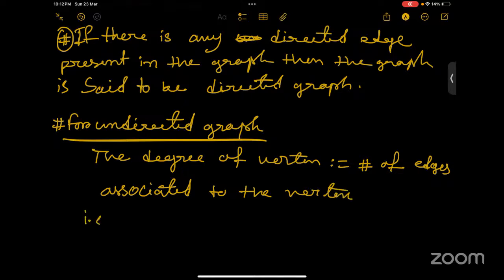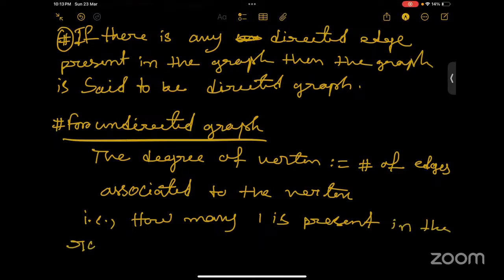That is, how many ones are present in the row of the vertex. So this is the definition of degree of a vertex for an undirected graph.